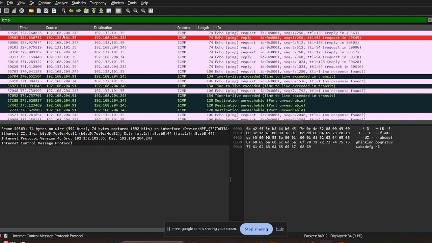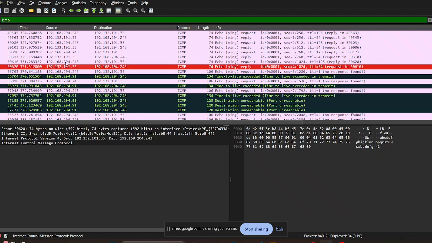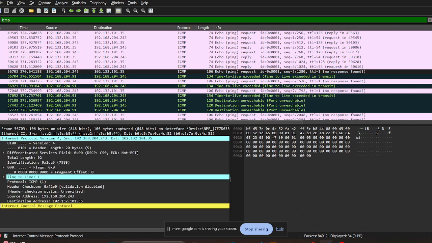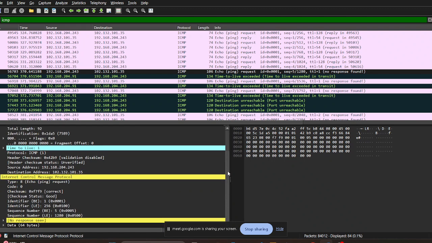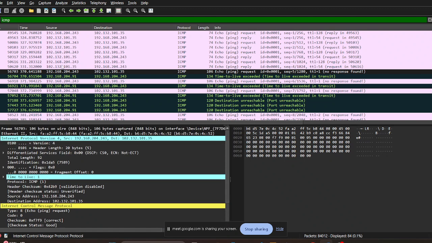So the communication will go like that until the packets are sent completely. This one is no response.